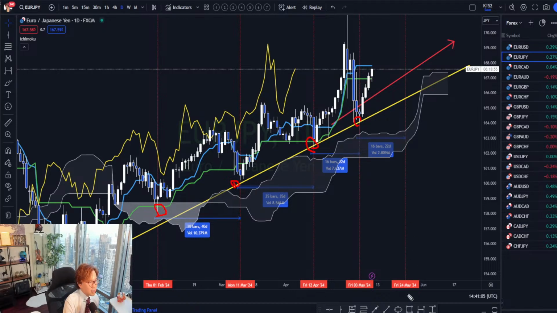When the price reaches close to the 24th of May, that's the day of the change. The price may bounce by the trend line and go up most likely. But let's see first if the price will be resisted by the Tenkan-sen or not this week. If it does, then I think from next week onwards, the price continues to drop down until the 24th of May. So that's the basics of how you do the time cycles analysis.